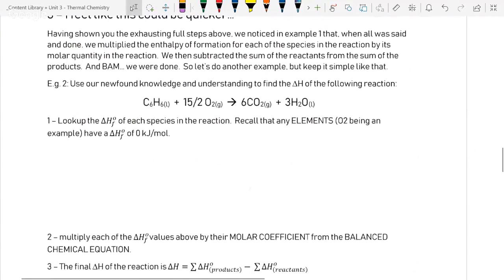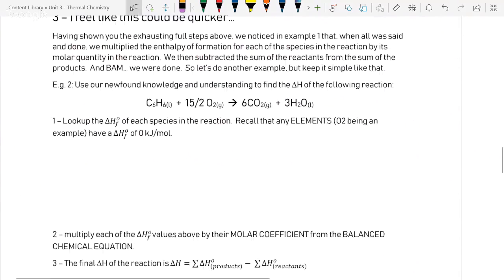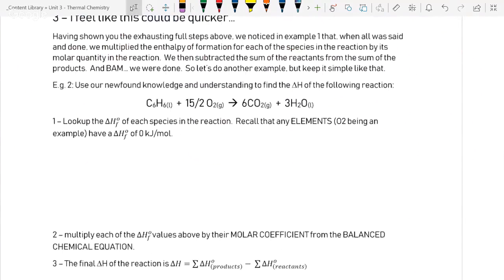So let's look here. We need a delta H naught F for each of these. So C6H6, what's its delta H naught F? 49. Like just 49? Yeah, 49.0 kilojoules per mole. Cool. 15/2 O2. What's that going to be? 0. Good.